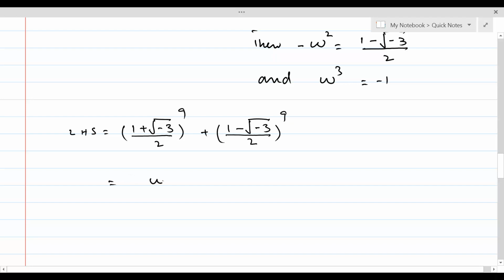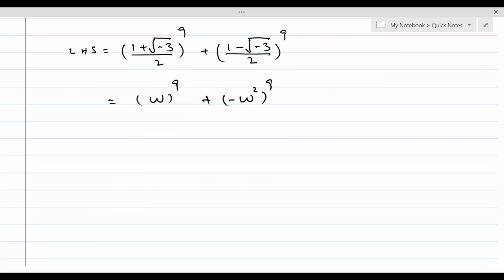This is equal to omega power 9 plus negative omega square power 9. So this means omega cube power 3, and minus will come outside because negative when raised to an odd power becomes negative. So this will be omega power 18.